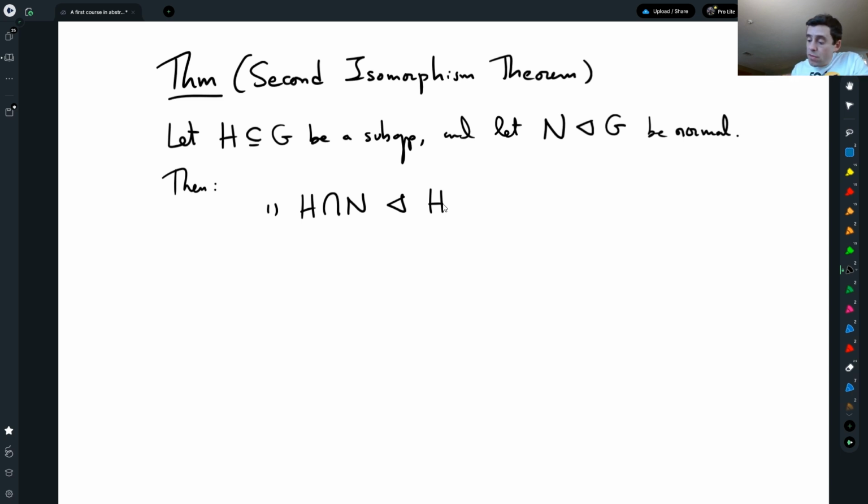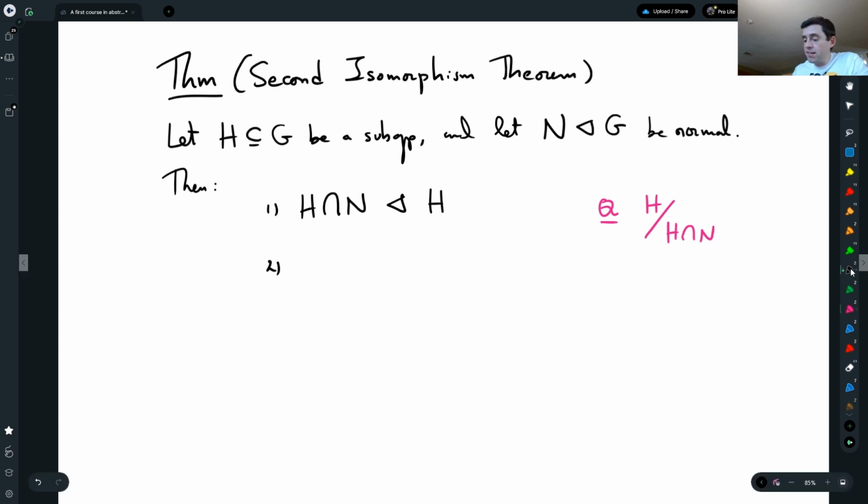And then what it does bring up, though, is: what is H quotient by H intersect N? How do I recognize that in terms of G?